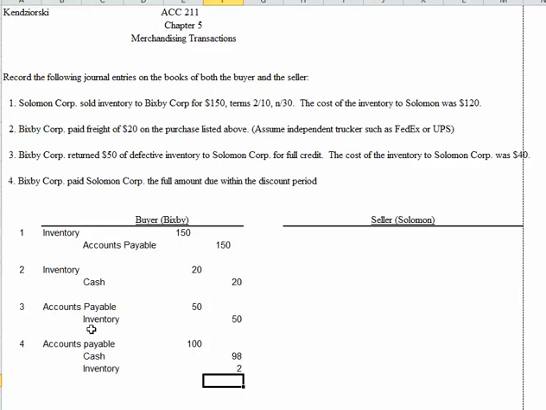The additional 20 is what was paid to FedEx. So if you calculate the total amount in inventory, it really amounts to the 98 we paid to Solomon plus 20 that we paid to the independent trucker, or a total of $118 in inventory, which is equal to the $118 of cash paid out.